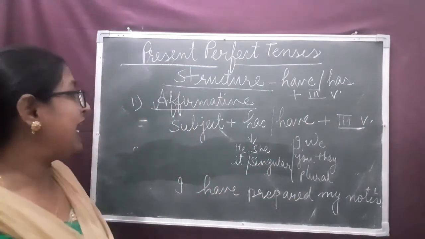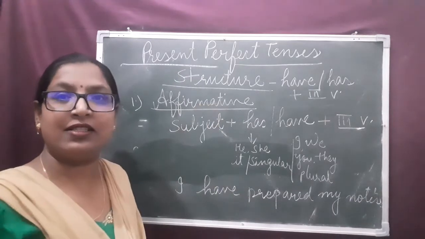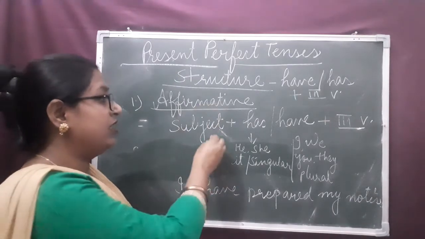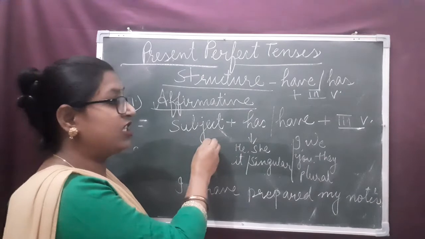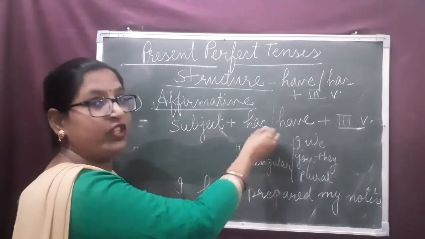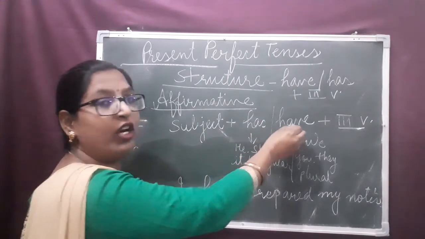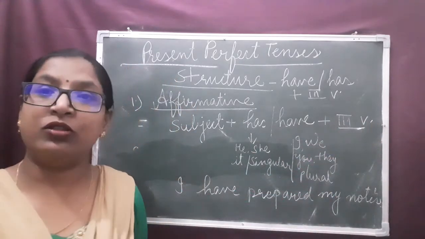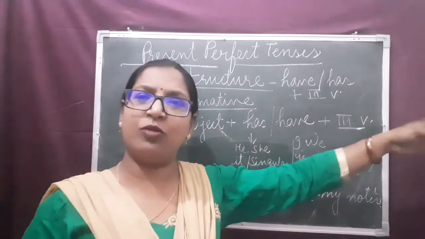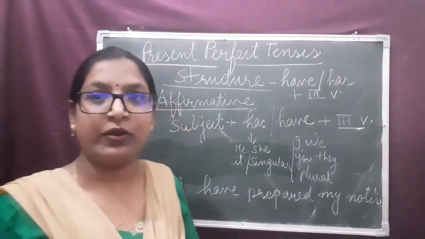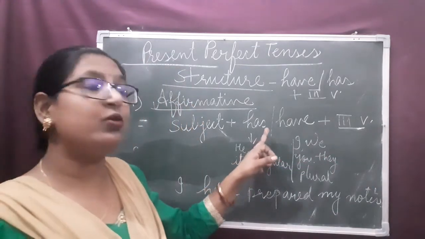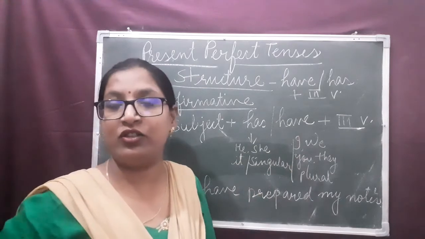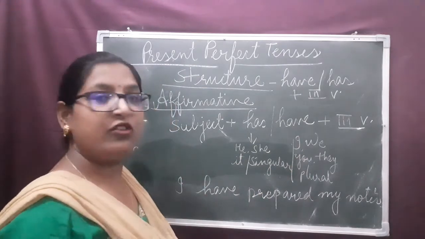Let's see how to frame affirmative sentences. Dear children, the structure is subject plus the auxiliary verb has or have plus the verb in the third form and then the object or complement, whatever. Okay, so dear children, the use of has and have I'm sure that you know, but still we'll revise.